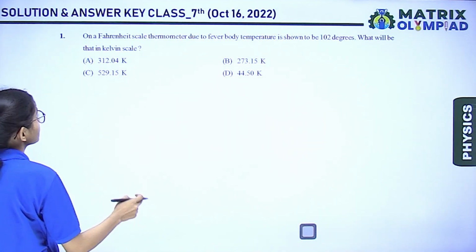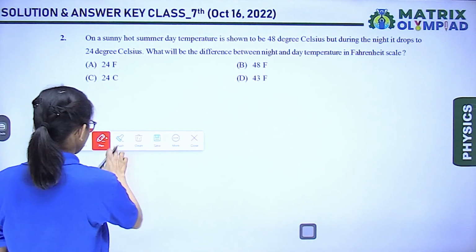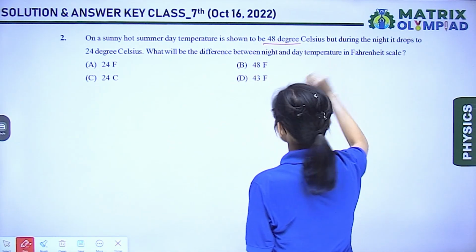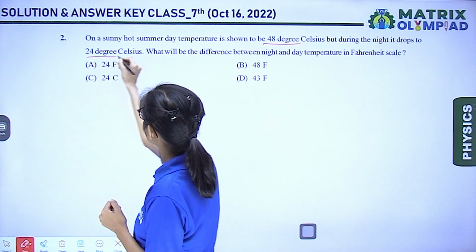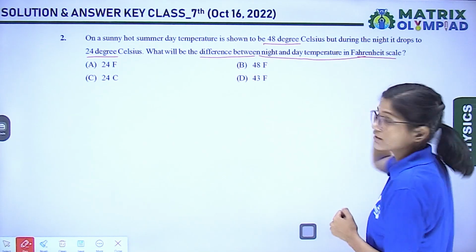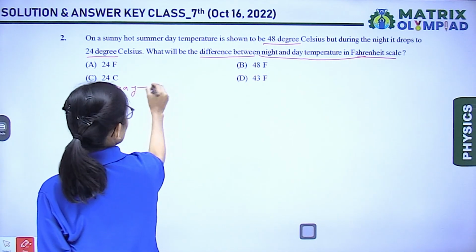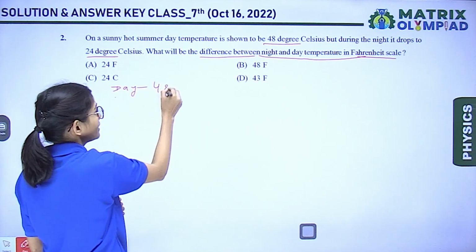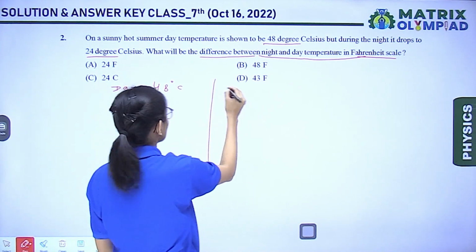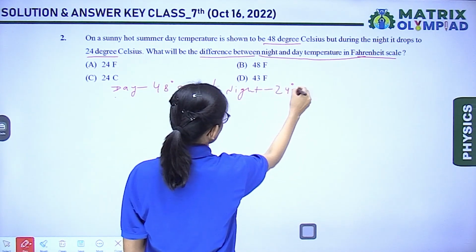Now come to question number two. In question number two, the temperature of a day is given as 48 degrees Celsius, and the temperature at night is 24 degrees Celsius. We have to find the temperature difference of that day on the Fahrenheit scale. The day temperature in Celsius is 48 degrees Celsius, and the night temperature is 24 degrees Celsius.